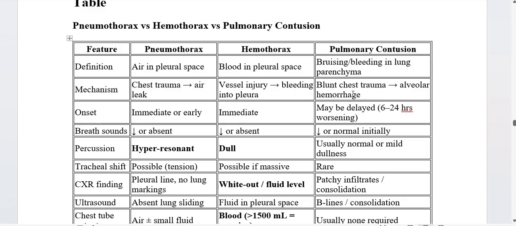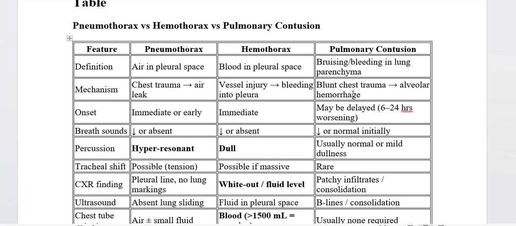Hemothorax presents immediately, but pulmonary contusion might be delayed 6 to 24 hours. Remember that. Breath sounds are absent in both pneumothorax and hemothorax, but in pulmonary contusion they are normally normal initially. That is very important.